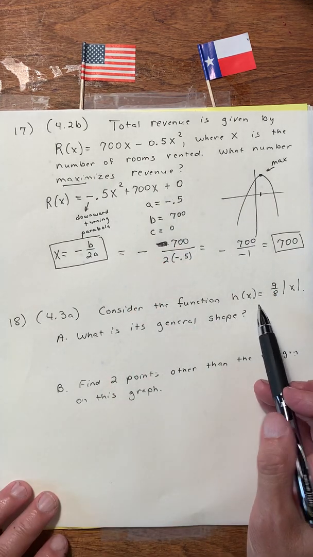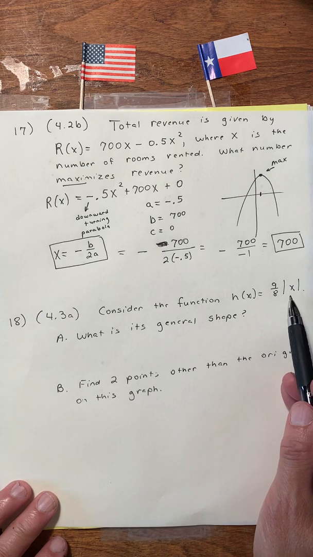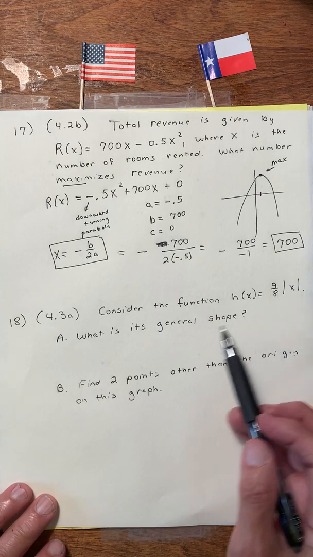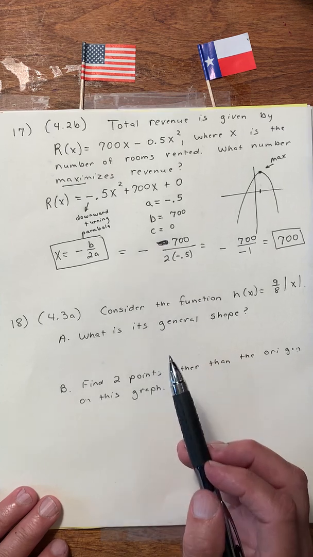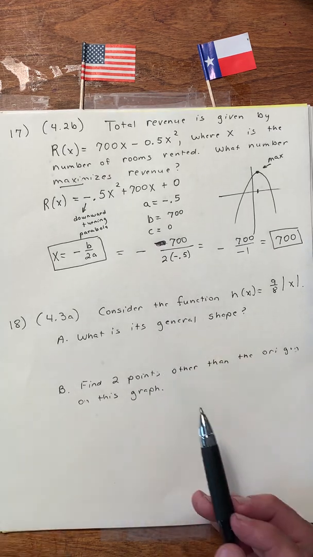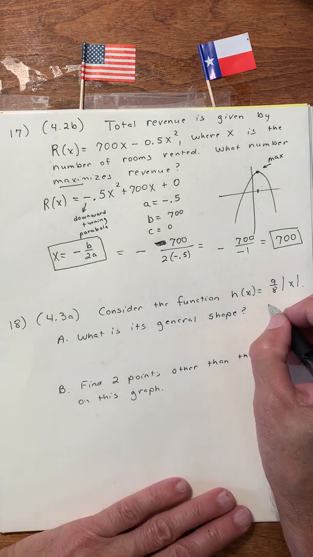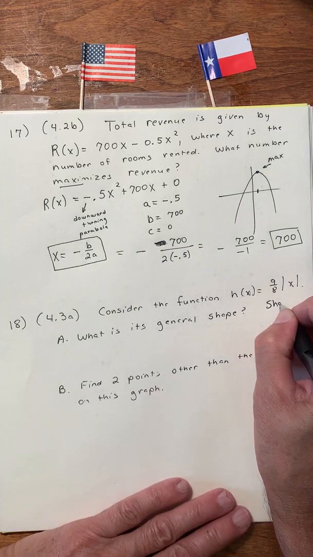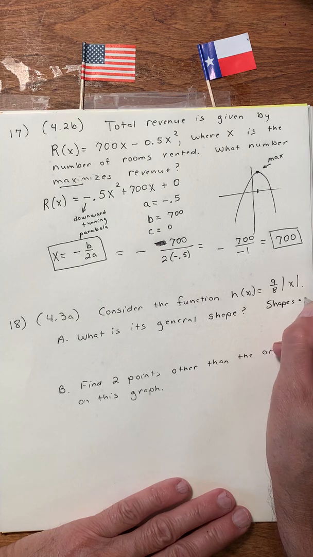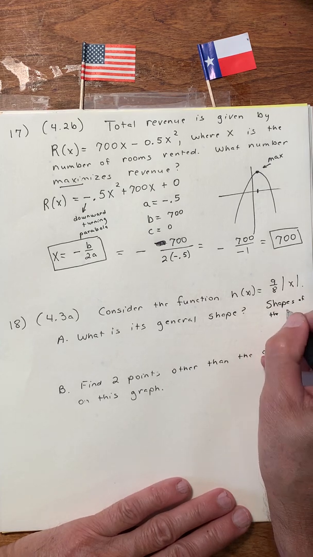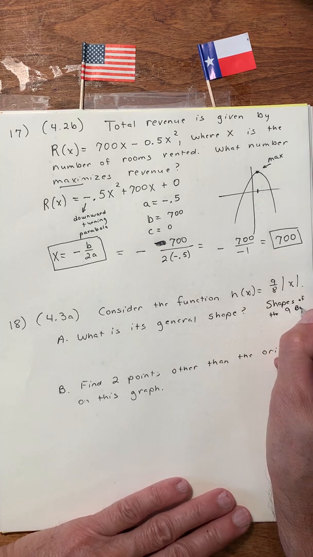All right, consider this function. H of x equals 9/8 times the absolute value of x. What is this function's general shape? Now, each of you should have handy the shapes of the 9 basic functions.